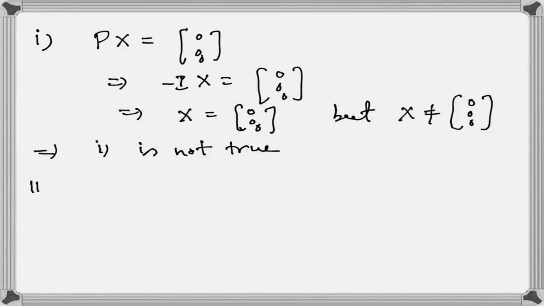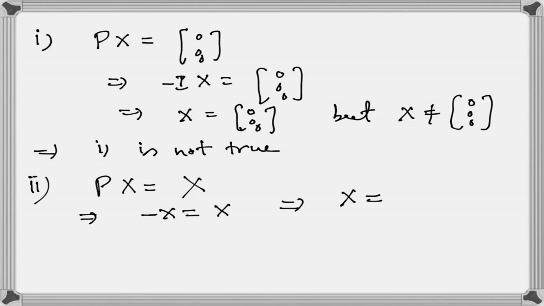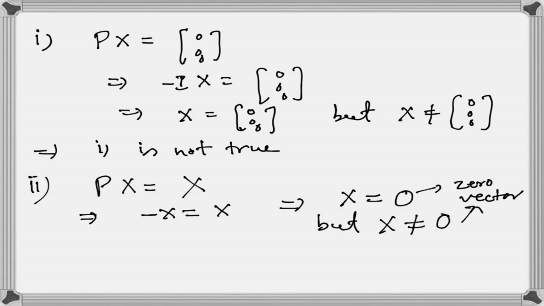The second is Px is equal to x. This implies that P is minus I, so Px is minus x is equal to x. This implies that x is again 0, and here 0 is the zero vector, but x is non-zero, right? These big zeros denote the zero vector. So that means 2 is also not true.